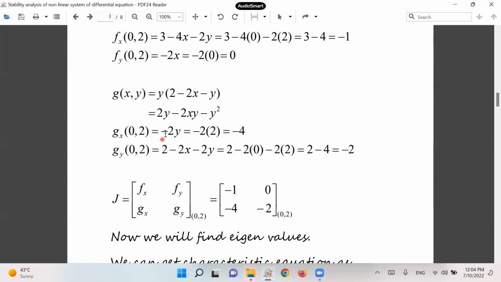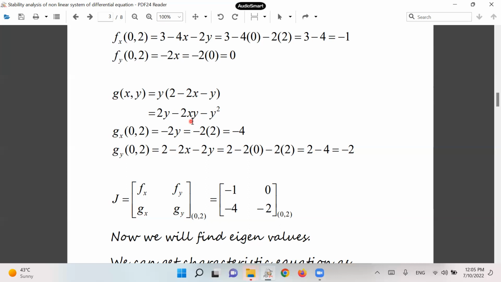The term minus 2xy with respect to x gives minus 2y, and the y square term does not have any x, so it is a constant and also becomes 0. After that, we substitute the value of y as 2, so 2 into 2 gives minus 4. After that, for g with respect to y, we take the derivative with respect to y, so this becomes 2.